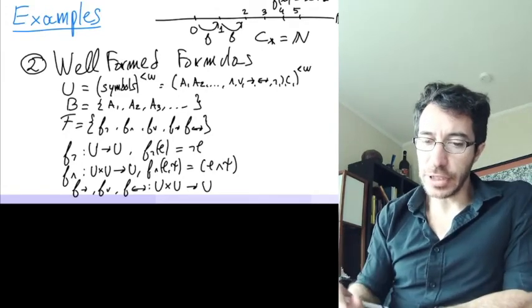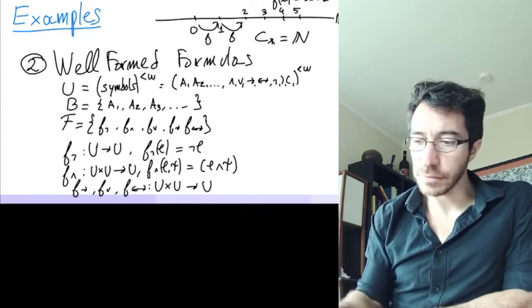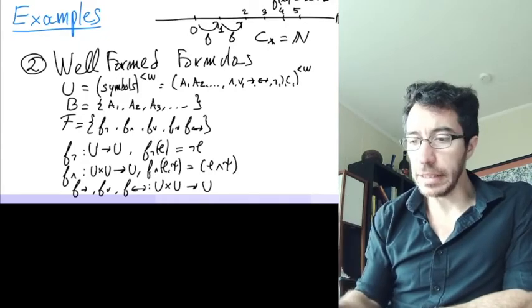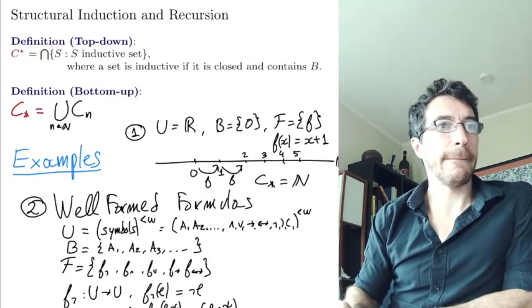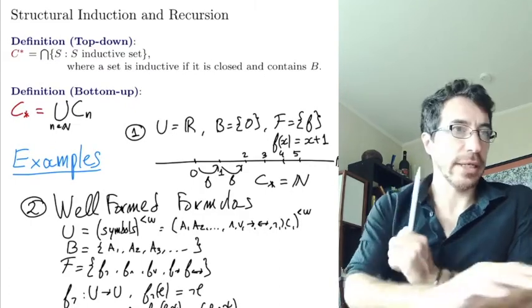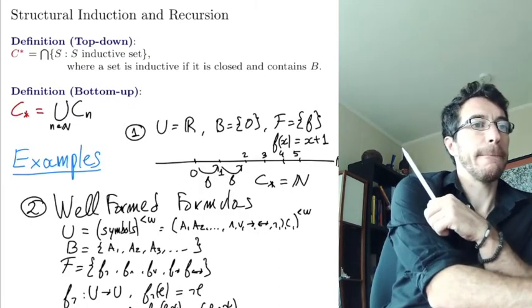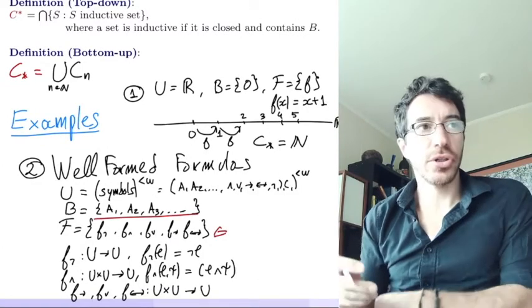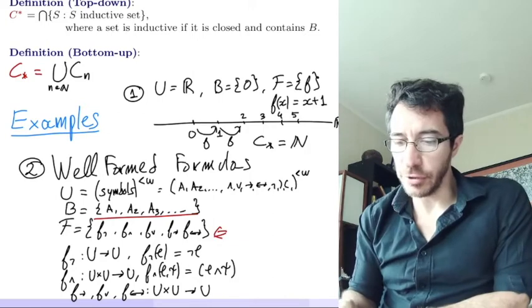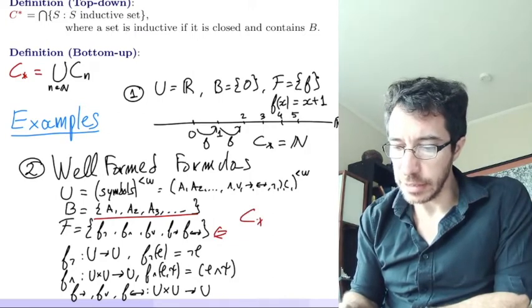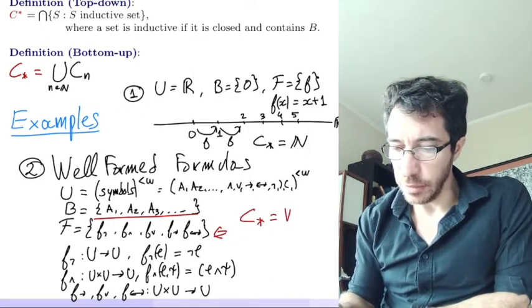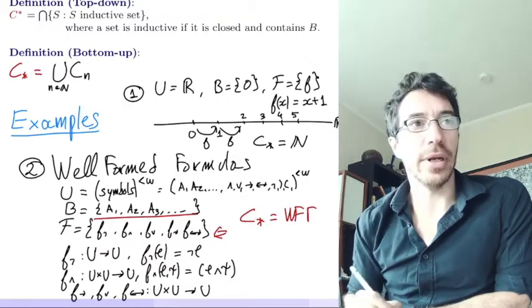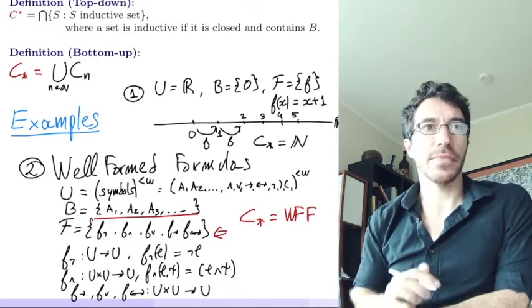So when you start from the variables and you apply all these functions, you're going to end up with all the formulas, and C star is the set of well-formed formulas. Make sense? Good.